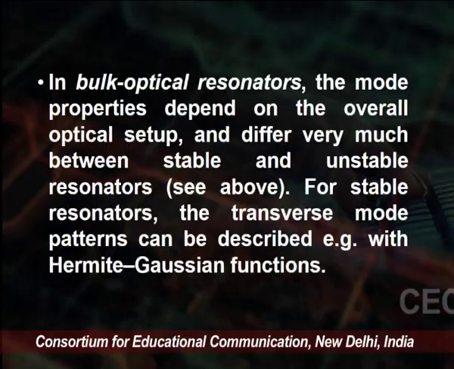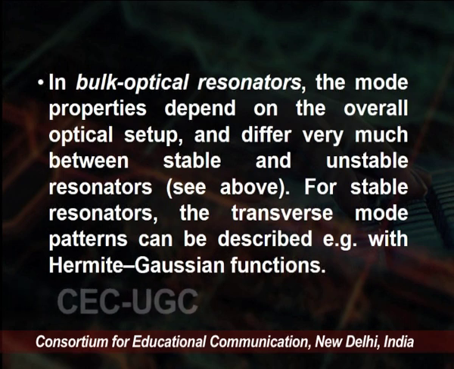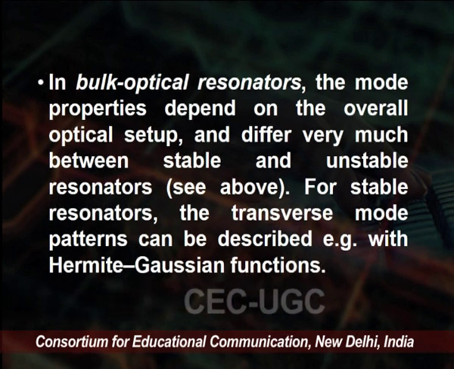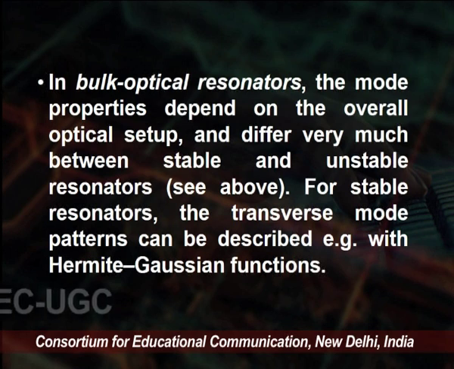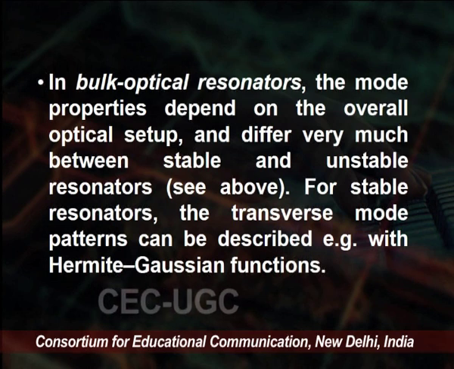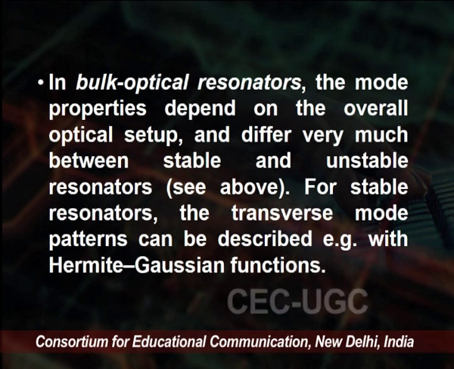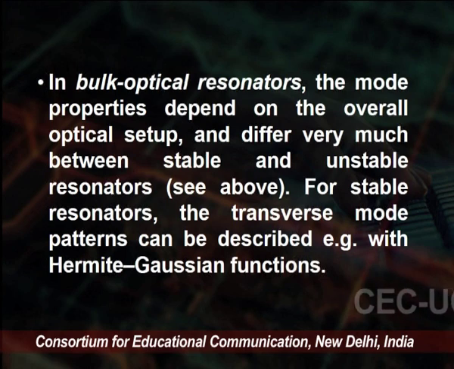Next type is the bulk optical resonator. Its properties depend on the overall optical setup and differ very much between stable and unstable resonators. For a stable resonator, the transverse mode pattern can be described with the Hermite-Gaussian function.